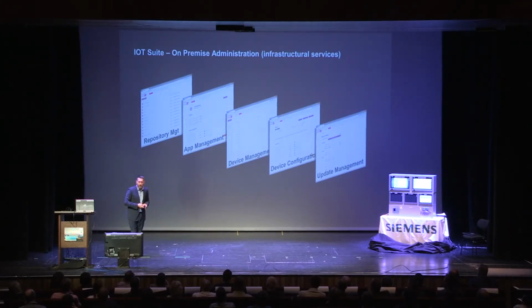The general functionality we're delivering with the first version is, for sure, a repository management where you can see all the apps inside the repository, including their versions and so on. There's a dedicated app management. This was important because it's not sufficient only to know which versions are inside my repository and which ones I want to deploy.